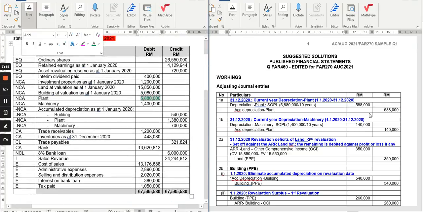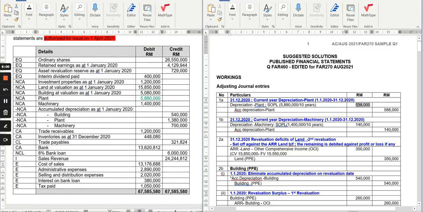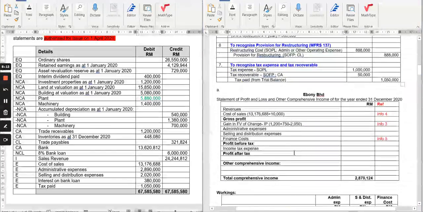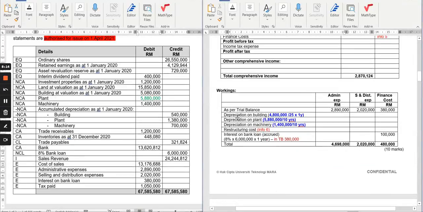So that is going to give you 588. That will be shown later in the workings. If you prepare the workings, depreciation on plant and depreciation on machinery should be done separately. So I'm showing you the figure here.